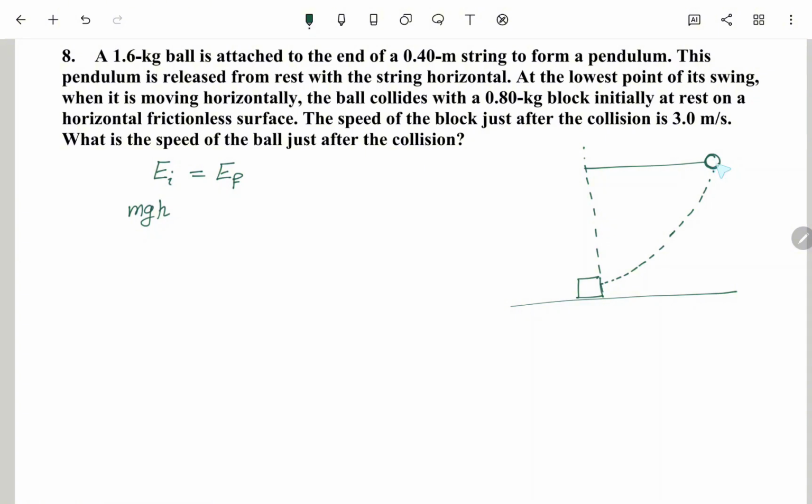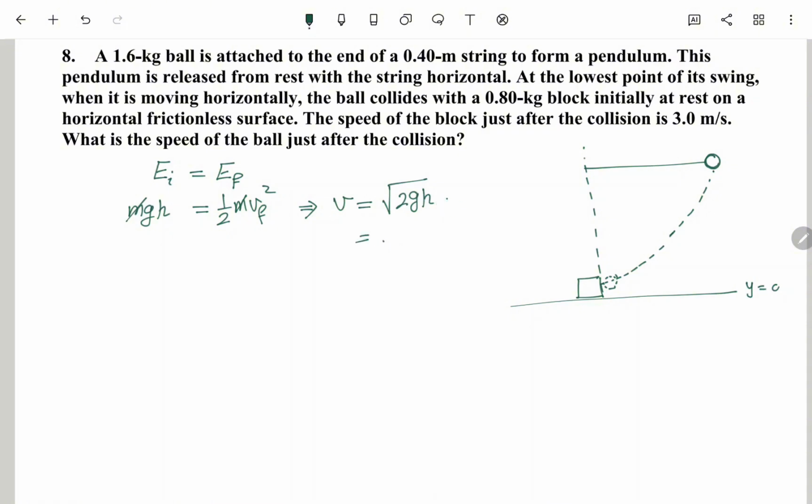Now at this position, the final position, the ball has kinetic energy and no potential energy, assuming that this is the ground level. So half m v final squared. Mass cancels out with mass, and v in this case will be equal to the square root of 2gh.